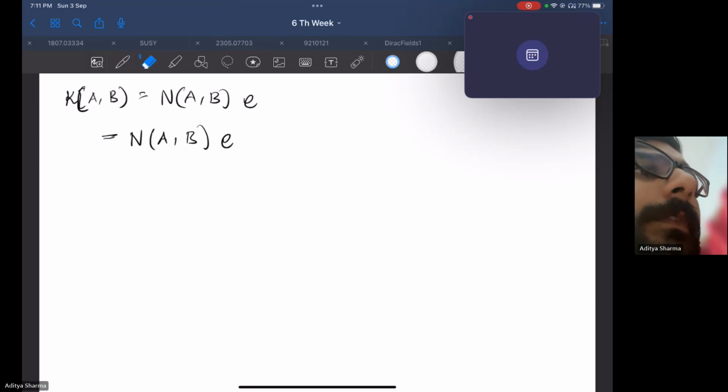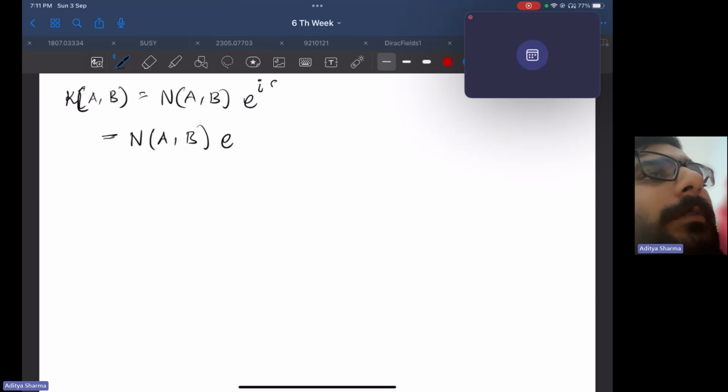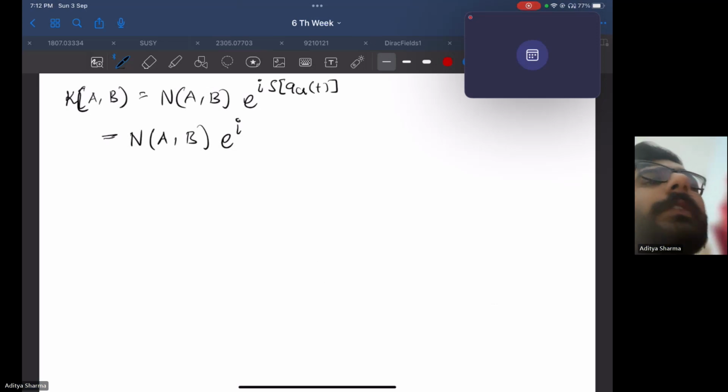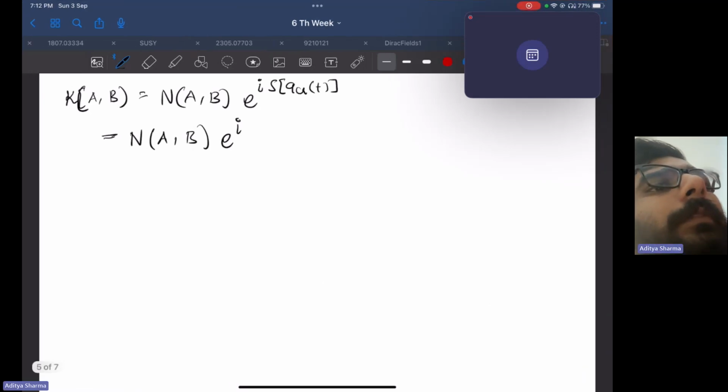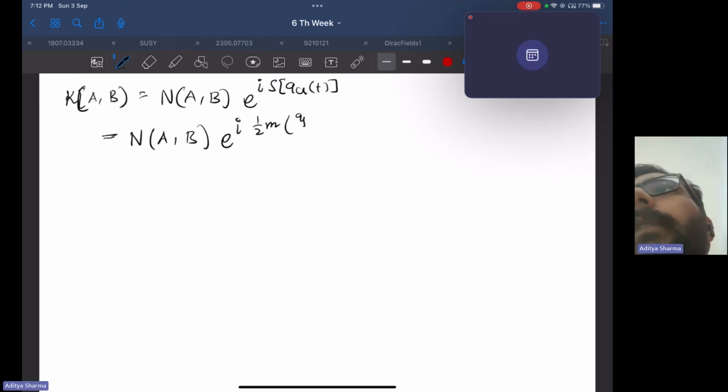So the path integral has i, but we are not looking at that. And S, we have calculated S and we got S to be half m (qf minus qi) whole square by (tf minus ti).